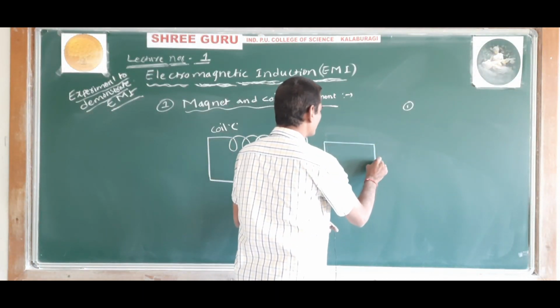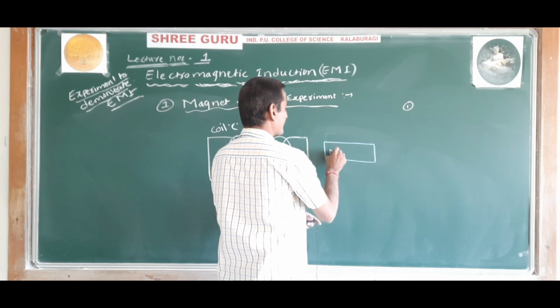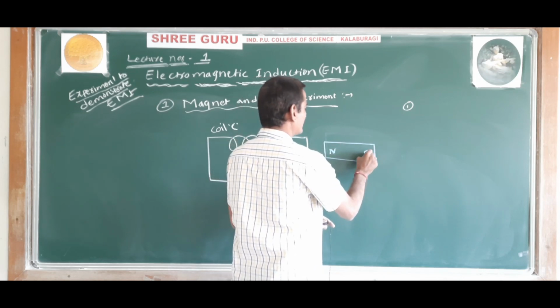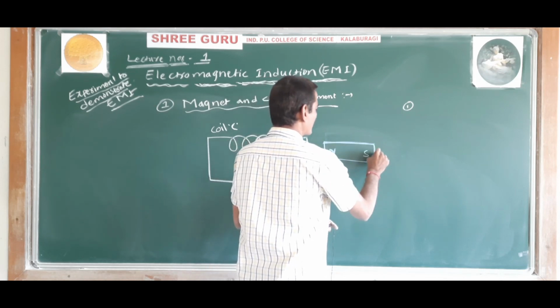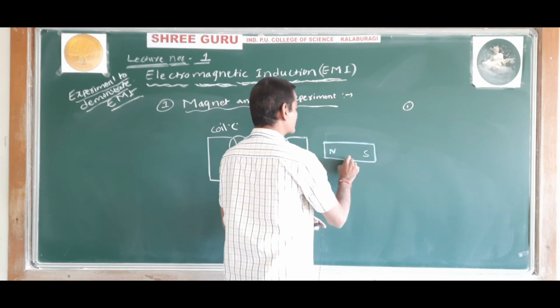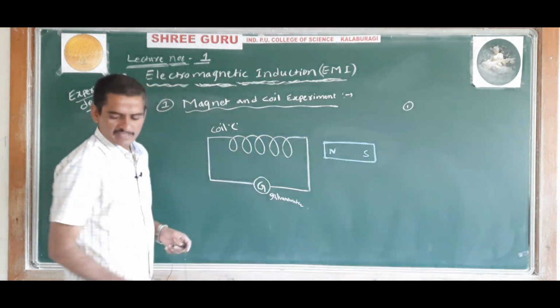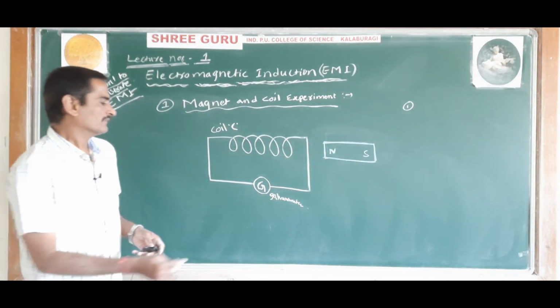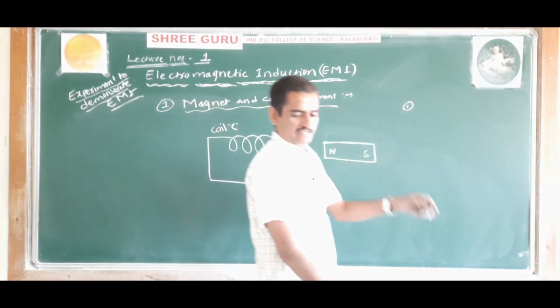Understood? That means when this bar magnet and coil are not moving at all, the galvanometer does not show deflection.